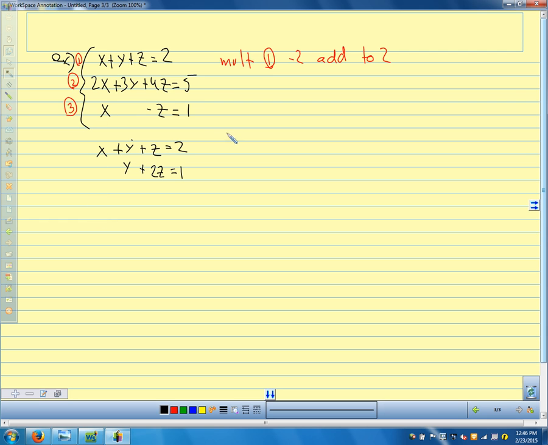And then to get rid of this x, I'm going to multiply the first row by negative 1 and add to 3. So multiply the first row by negative 1, I get a 0x, I get a minus y plus 0y, so I get minus y, a minus z, so minus 2z, and a minus 2 plus 1, so I get a negative 1 there.